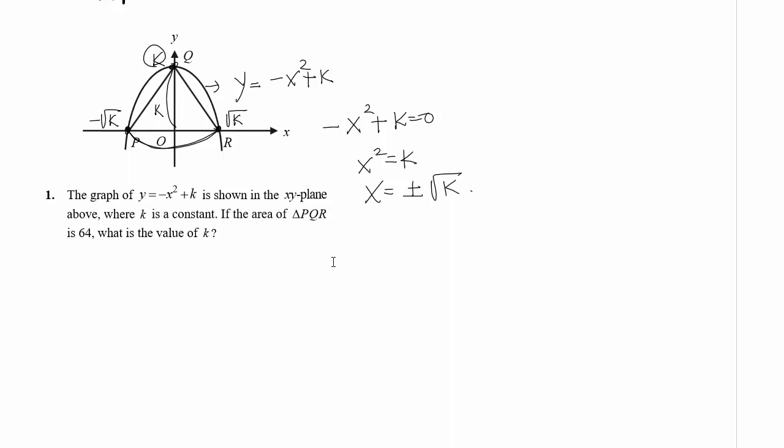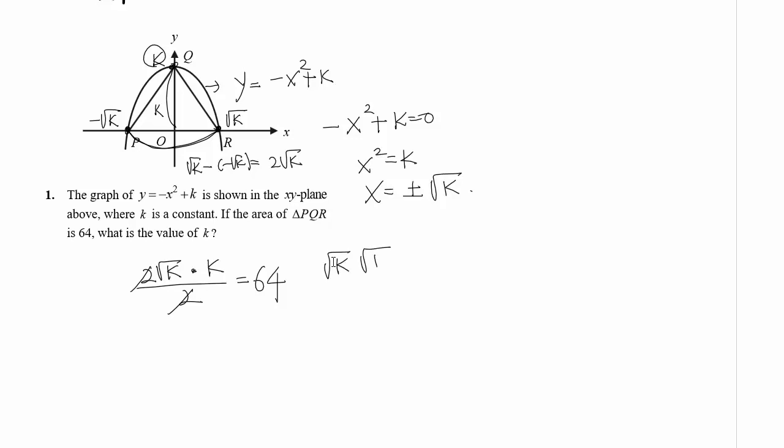What is the length of this side? Root k minus negative root k equals what? 2 root k, right? That's the base. So what is the area of this triangle in terms of k? 2 root k times the height k, divided by 2, that is 64, right? From the equation, we need to find the value of k. So 2 is out, square root k times k.